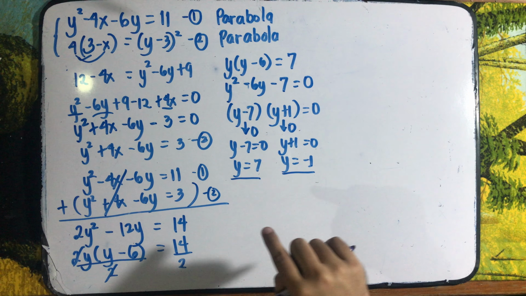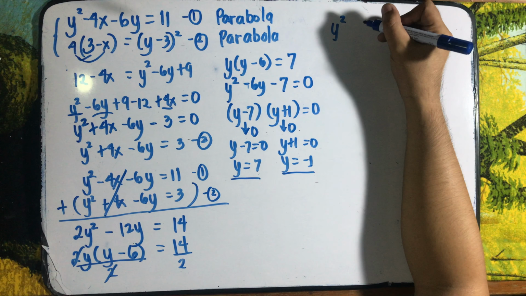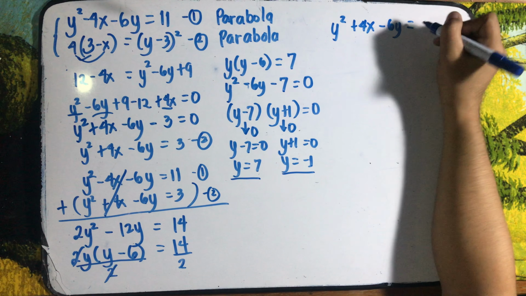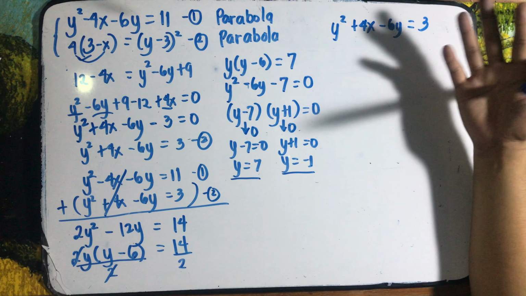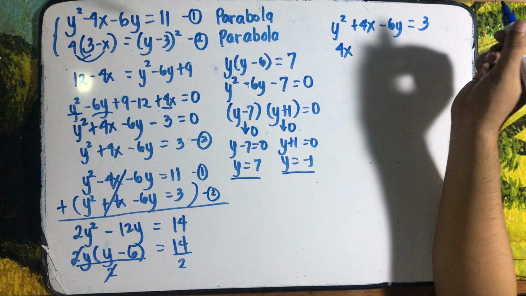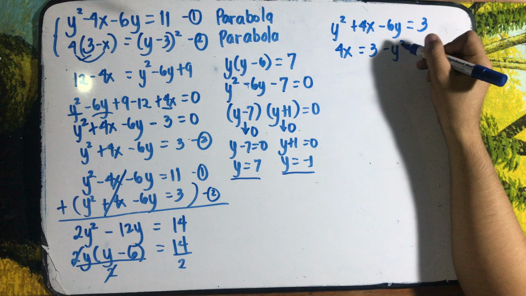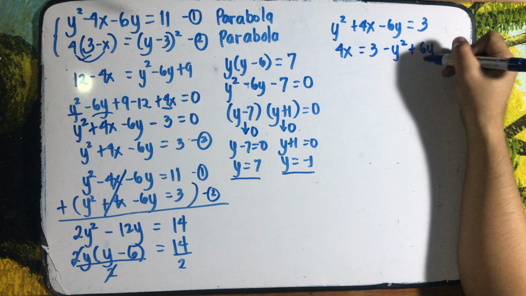Therefore, for the second equation, we have y squared plus 4x minus 6y is equal to 3. So, let's try to manipulate the equation. Therefore, we'll be having 4x is equal to 3 minus y squared plus 6y.